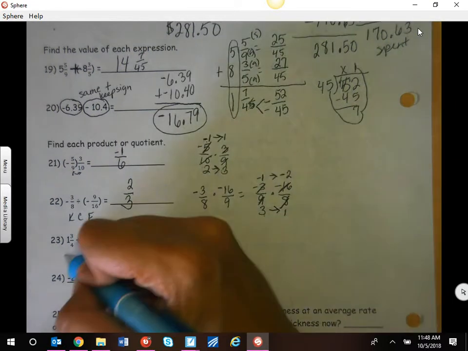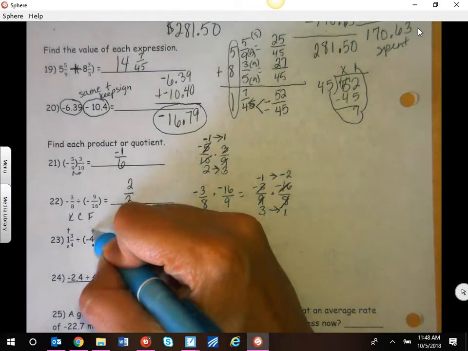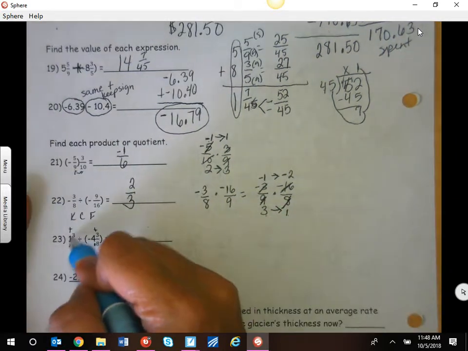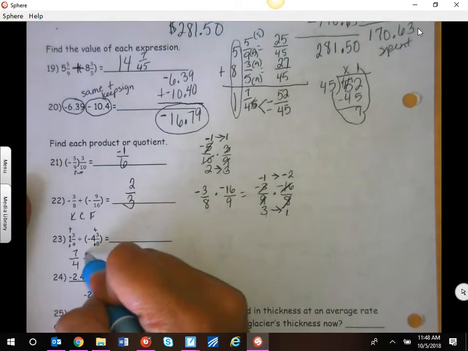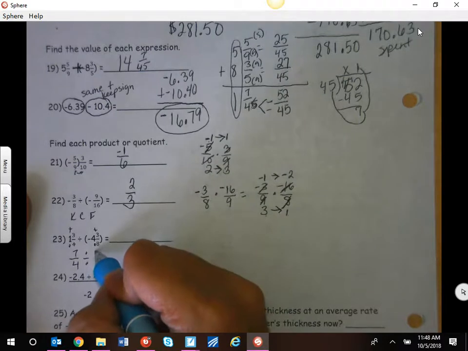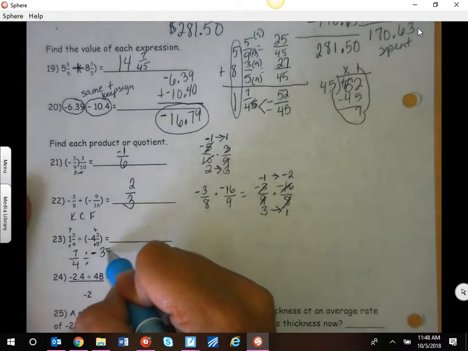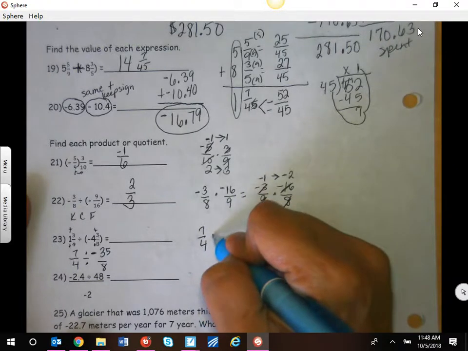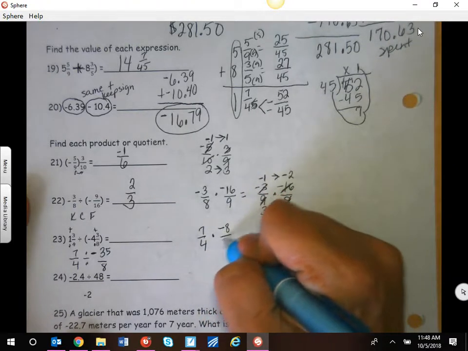We cannot have mixed numbers. We have to change them, so I'm going to change this to 4 times 1 plus 3 is 7 over 4. And 4 times 8 is 32 plus 3, 35. Don't forget the negative. Now I can do keep, change, flip.